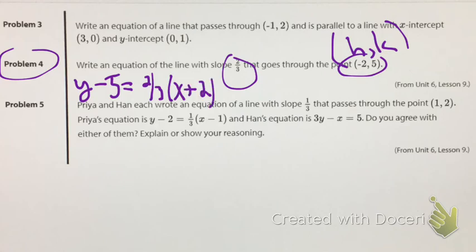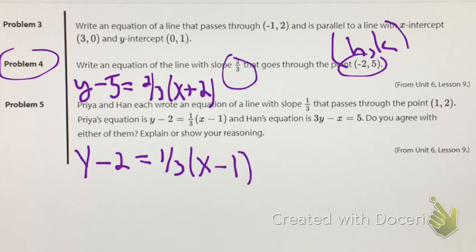That's that one. Okay, Priya and Han, our last problem here before we walk out the door. Got an equation of a line. So Priya, here's the first one: y minus 2 equals 1/3 x minus 1, because that's that line right here. There's your h and k, there's your slope.